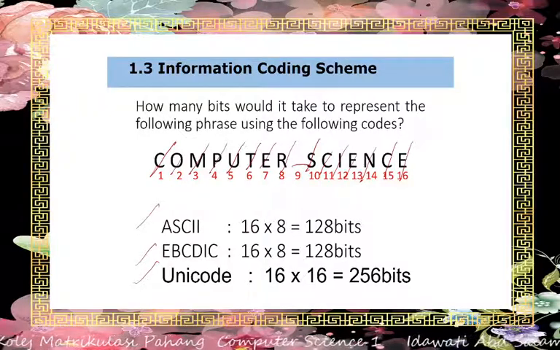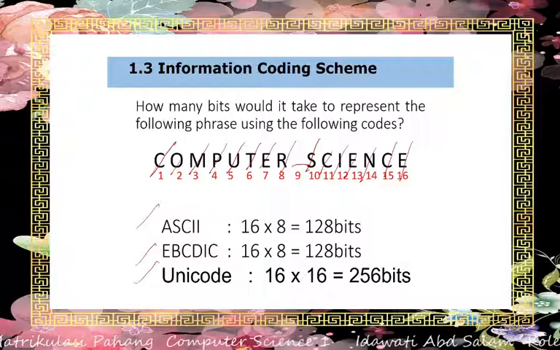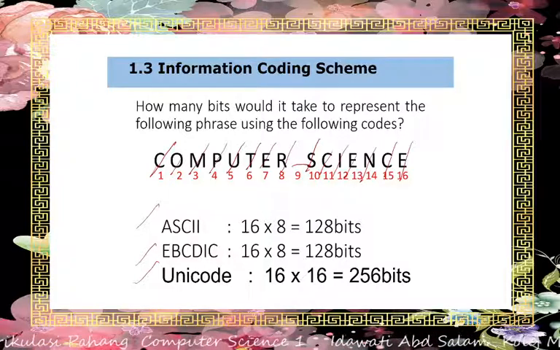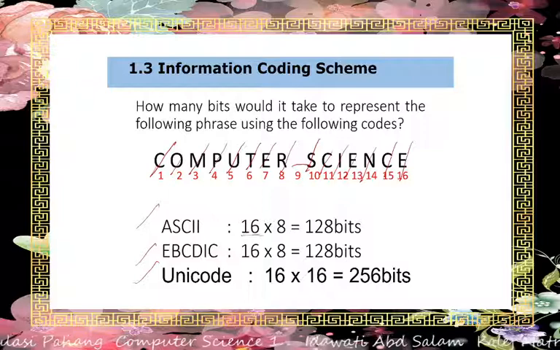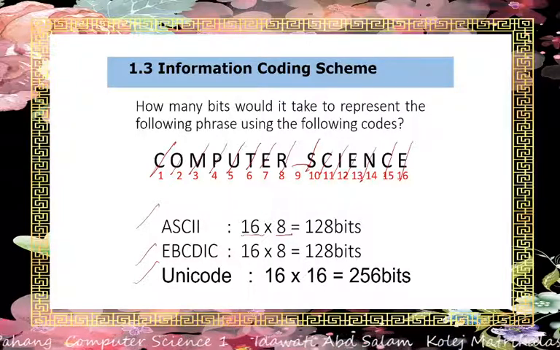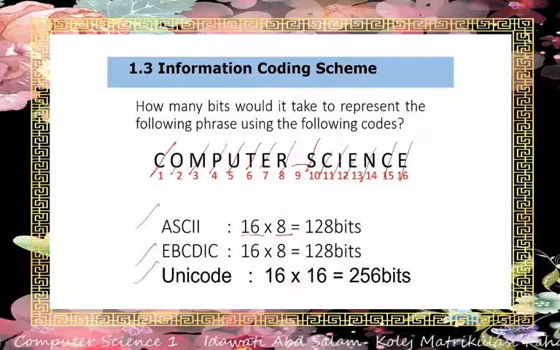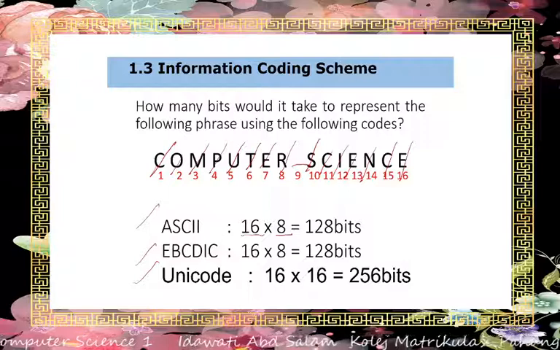In this case, we have 16 characters. So in ASCII, the 16 characters will be multiplied by 8. Then we will have 128 bits to represent the phrase in ASCII.